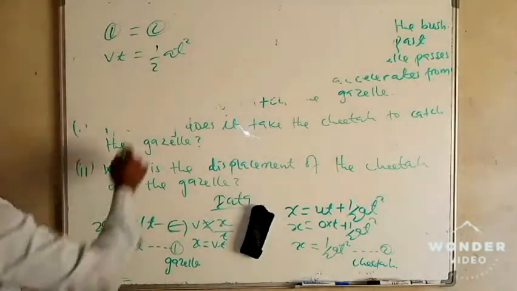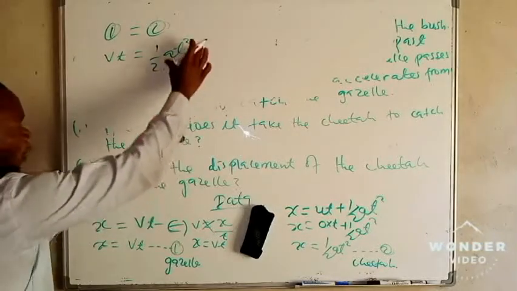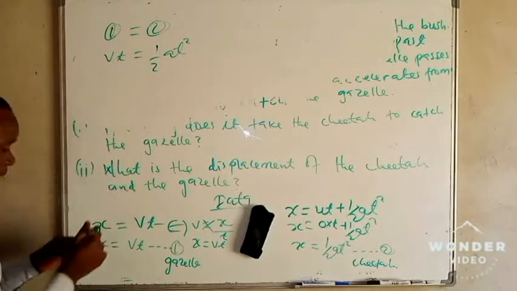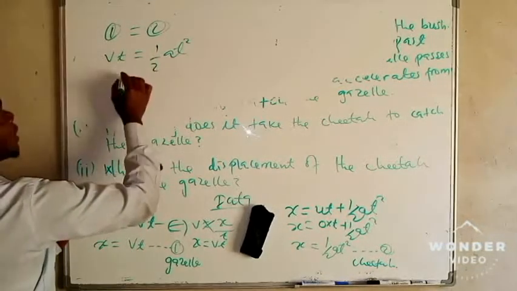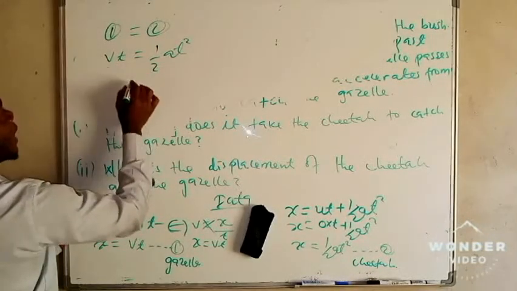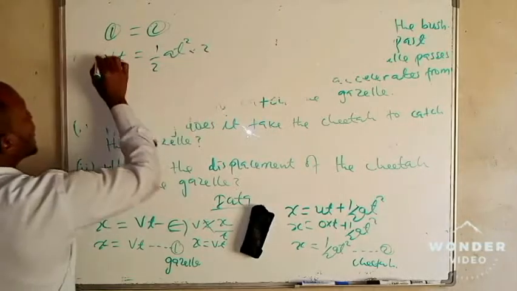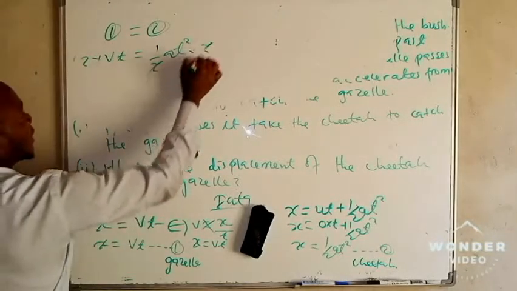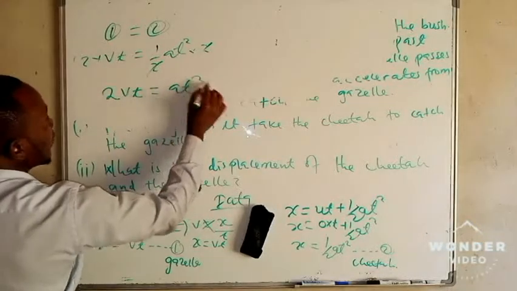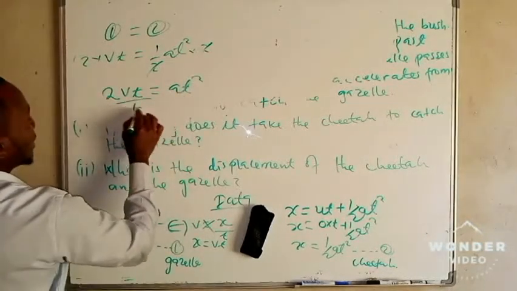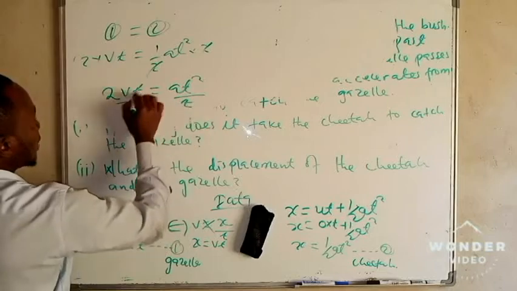We are now finding the time taken for the cheetah to catch the gazelle. Let's multiply both sides by 2, so that the half cancels. What we're going to have is 2vt is equal to at squared. We can divide by t, and this will cancel.